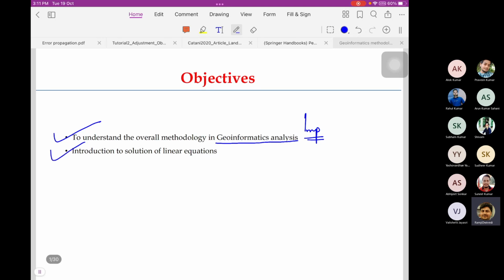Just like in your basic case of area estimation with the help of length and width which you have collected in the field, you just have to form the model, and then you have to form the set of linear equations. Okay. So these are the two objectives of this lecture, and mainly we'll focus, starting part will be on methodology in geoinformatics analysis. Okay. So I hope with this we can move ahead.